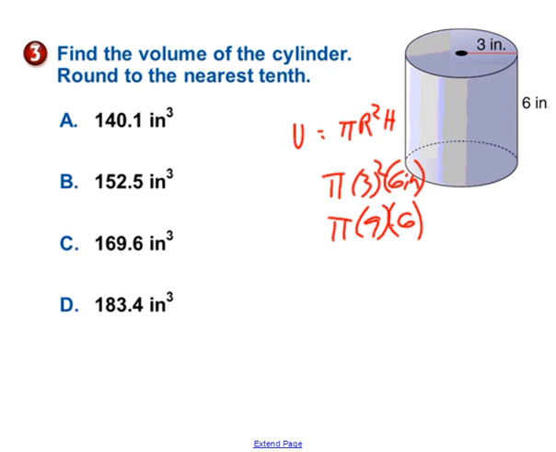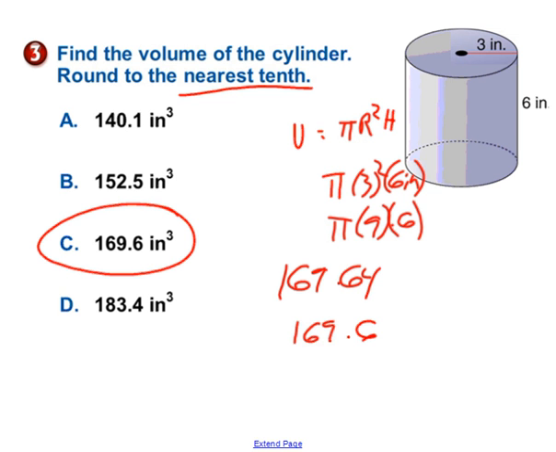I'll do that again with my calculator. Pi times 9 times 6 is equal to 169.64. Rounding it off to the nearest tenth is 169.6. If I look through my answers, looks like answer C is the one that works the best.